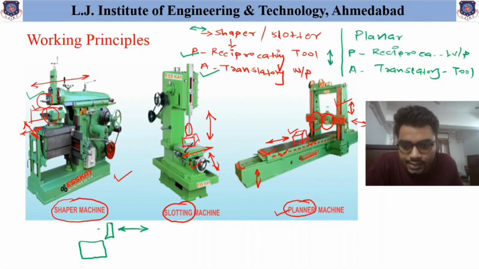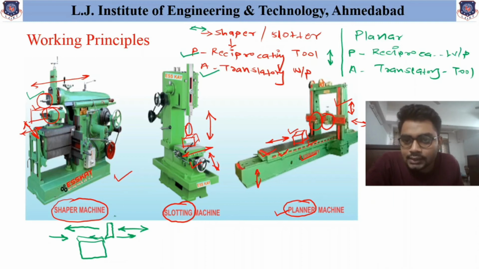When the tool moves in the forward direction, it removes the material from the workpiece, but during the return stroke it will not remove the material, but it might come in contact with the workpiece, which deteriorates the surface finish of the workpiece.